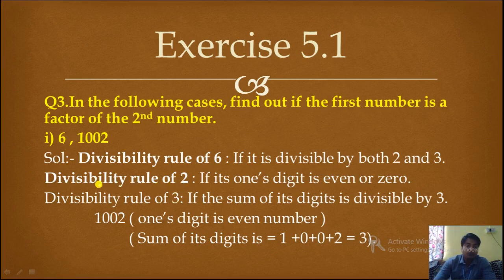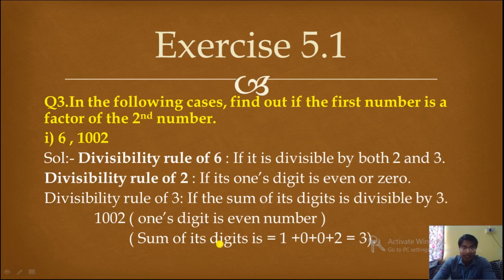So we are going to follow the divisibility rule of 2. What is that? If its ones digit is even or 0. So in 1002, the ones digit is 2 and that is an even number, so easily we can divide by 2. Now the divisibility rule of 3: if the sum of its digits is divisible by 3.